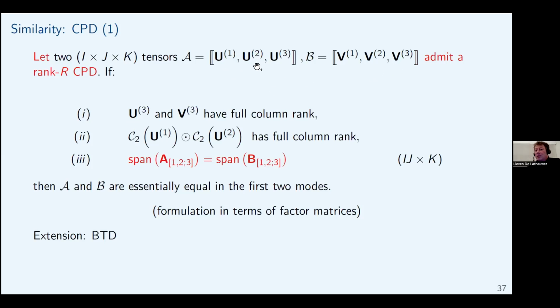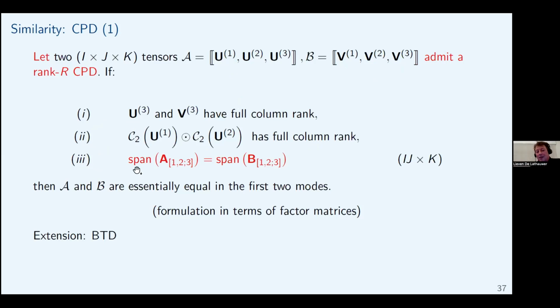And then there is something derived from the other two matrices with 2x2 determinants and a larger matrix. My second assumption is that this one has also full column rank. So far, conditions 1 and 2 are the conditions that already appeared in this presentation. And now we have a third one for matching A and B.